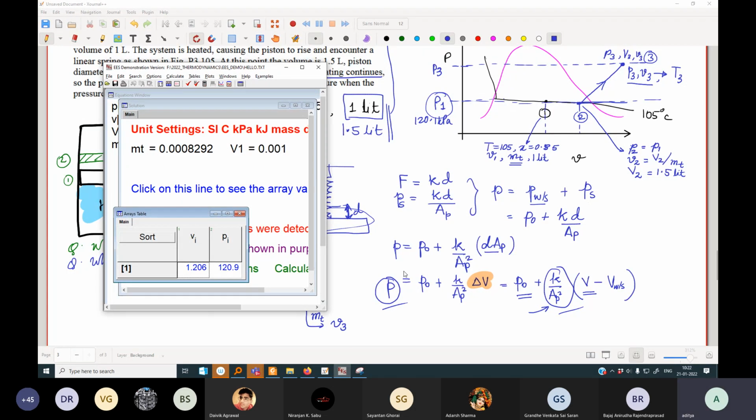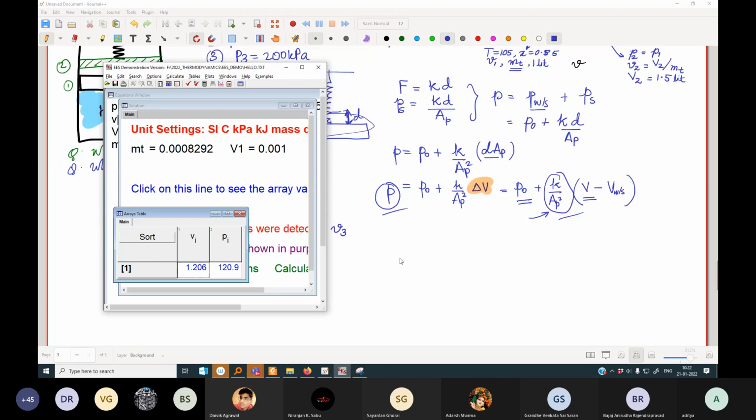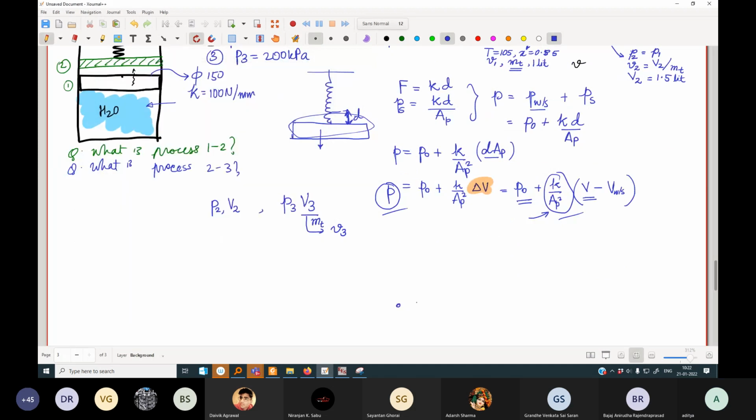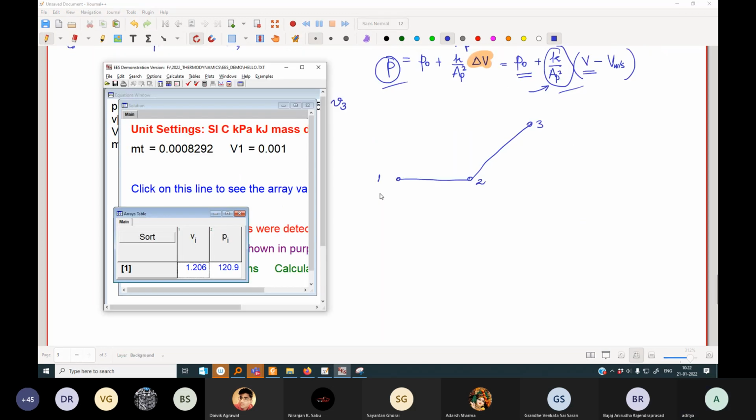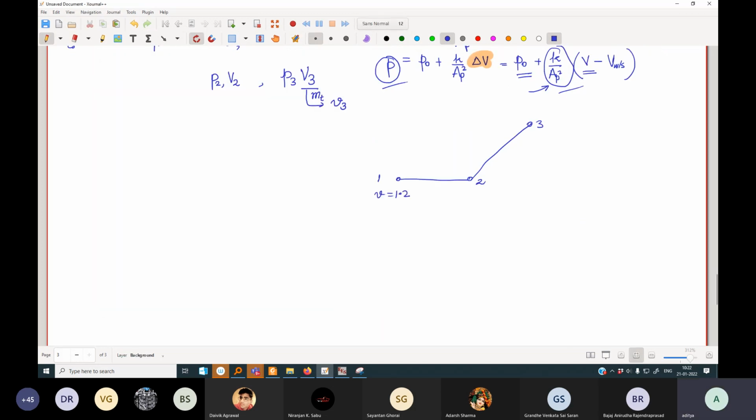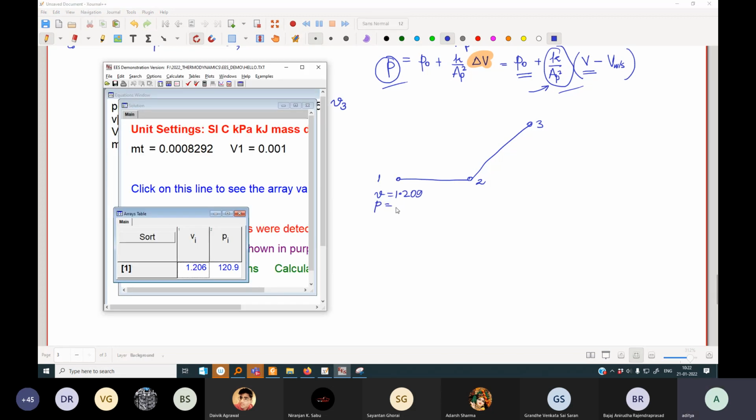120.9. Okay, that's the state point 1: V equal to 1.209, P is equal to 120.9.